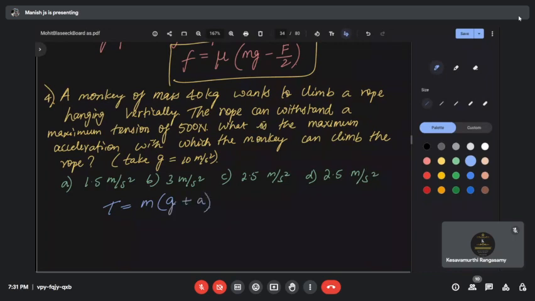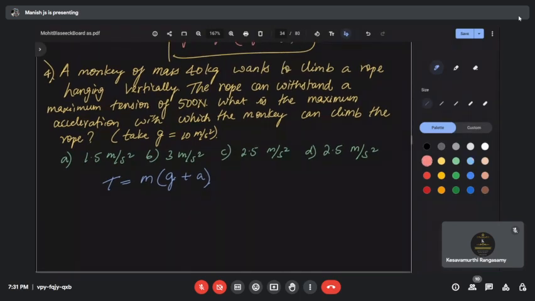You use the formula. We have the relation for tension, and the mass of the monkey is also given. Now it is climbing upwards. It is a direct application. The monkey can be considered as an object accelerating upward, so you can use this relationship.